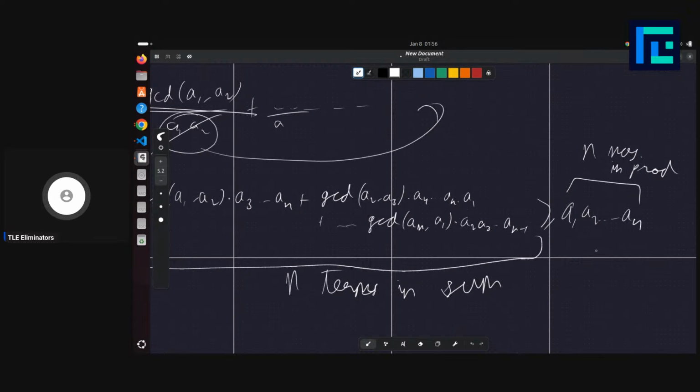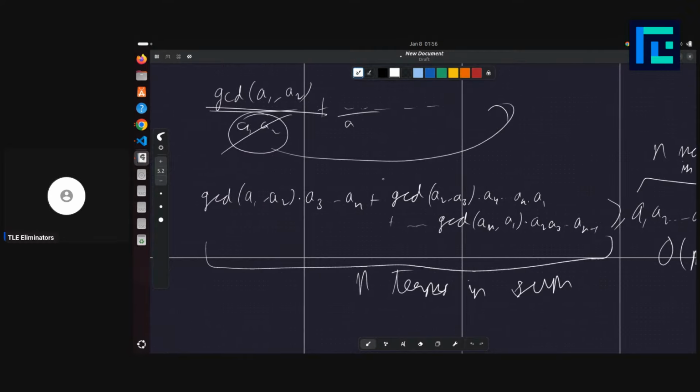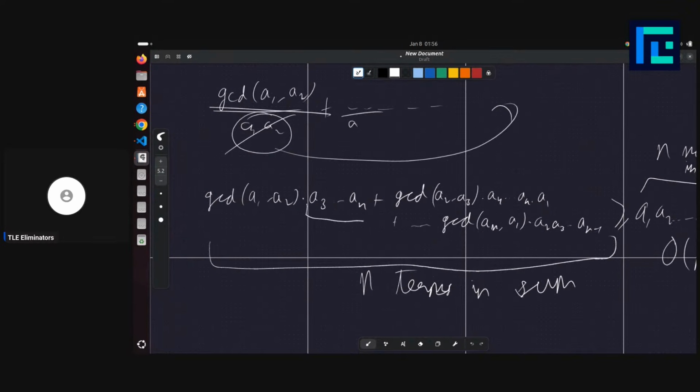So I can say that it is order of m to the power n, right? Because these ai values are till m, right? So it is around m to the power n. But here we have only n minus 2 numbers, right? So this is around m to the power n minus 2, right?